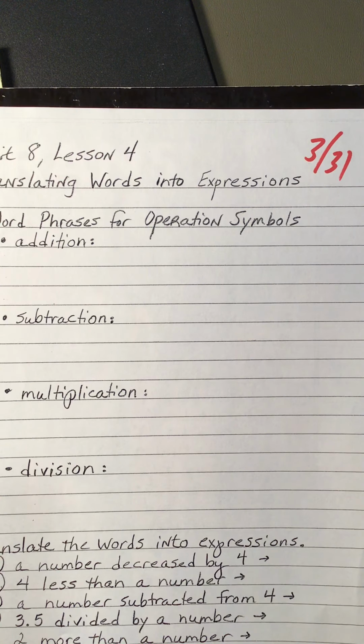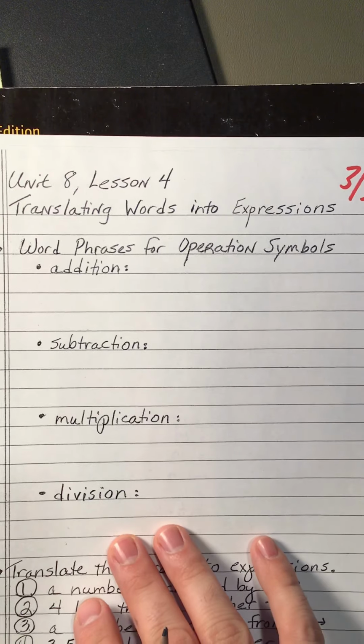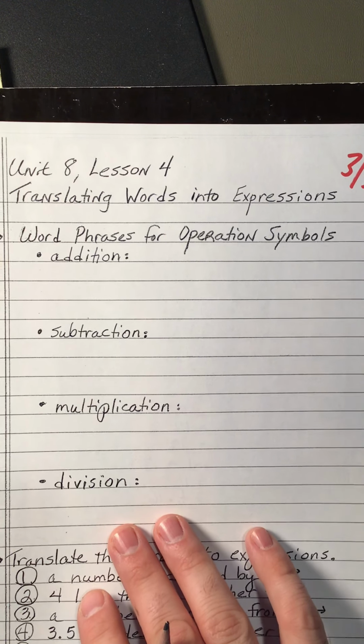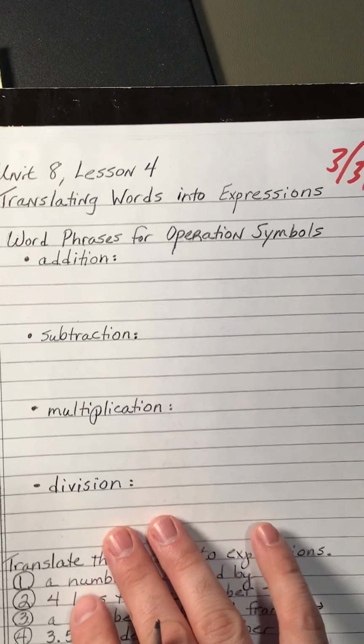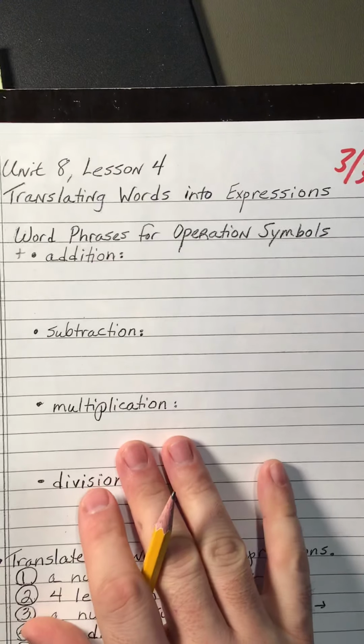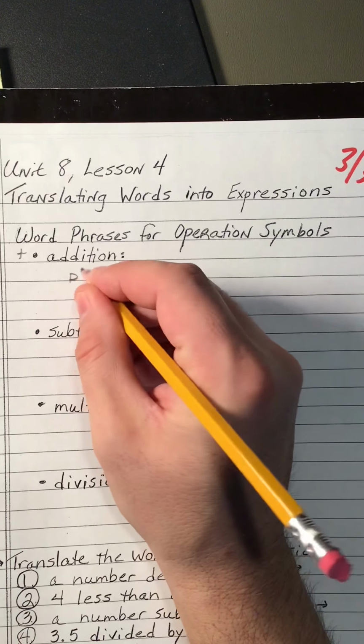Alright guys, today we're going to be talking about 8.4, translating words into equations or expressions. Word phrases for operational symbols. So this will give you a hint that any of these words we're going to write down will be a plus sign, will be an addition problem. So a couple of words here I want you to write down.